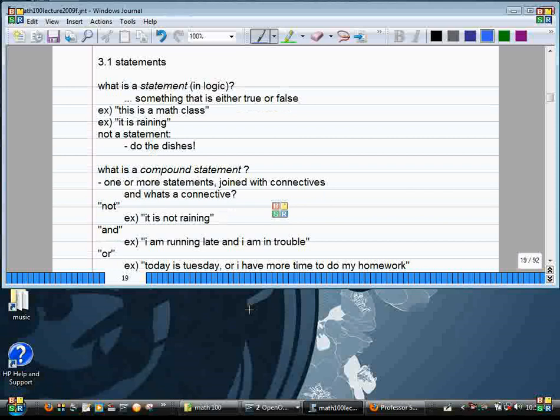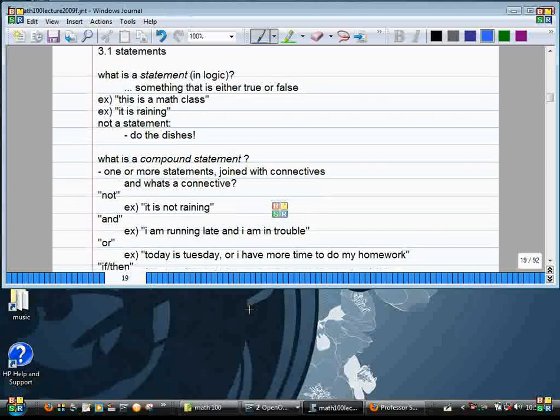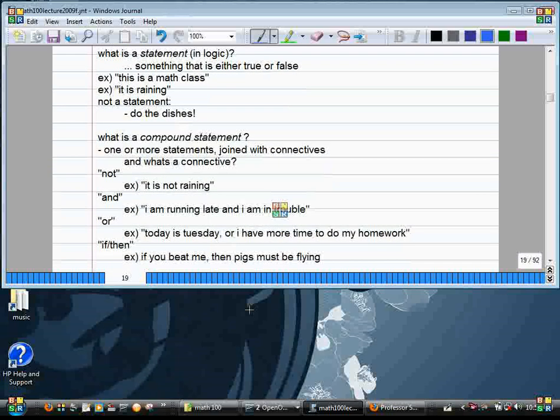And the last sort of connective is called if-then. If you beat me, then pigs must be flying. Okay.